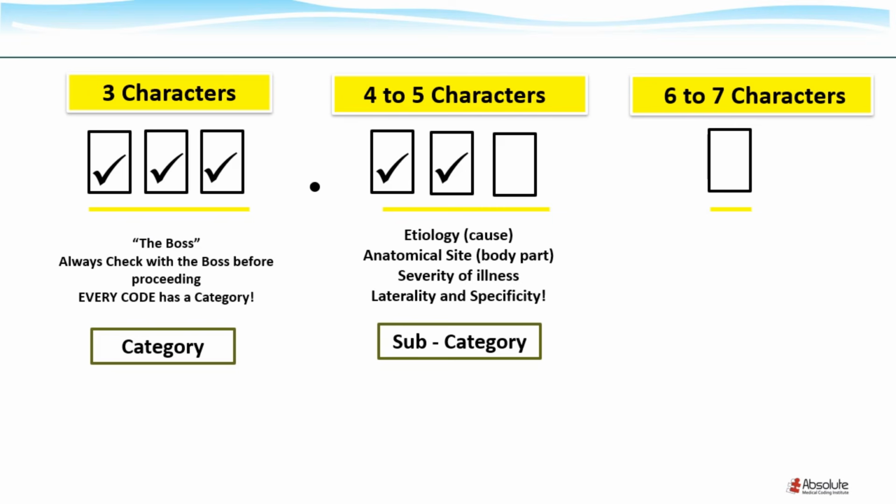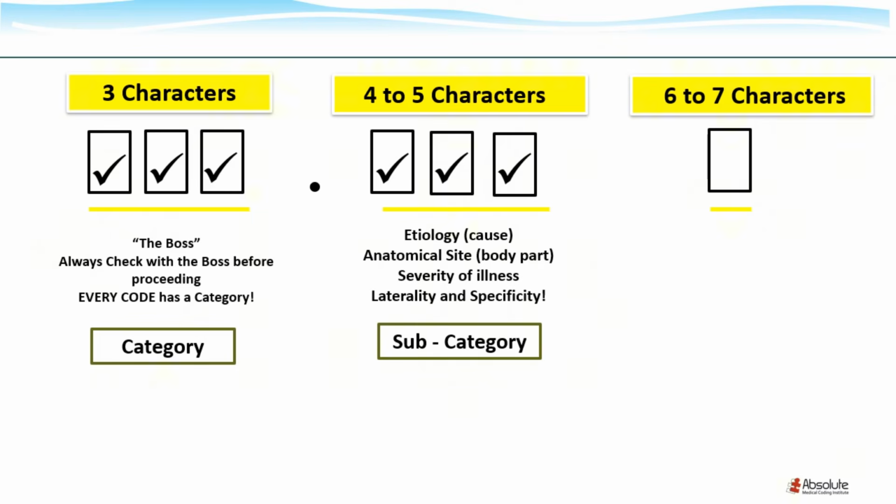It can describe the anatomical site, the body part. It can describe the severity of the illness or disease, and it also can tell you laterality and other types of specificity. So our subcategory code is important.